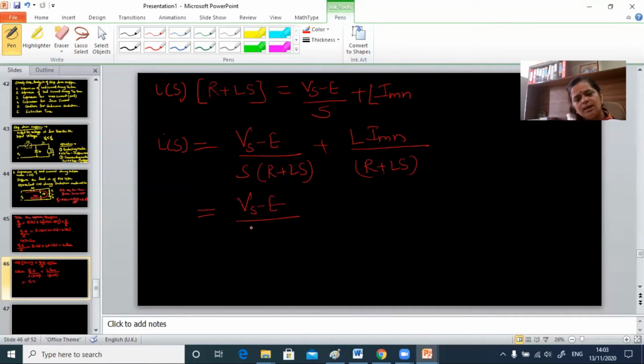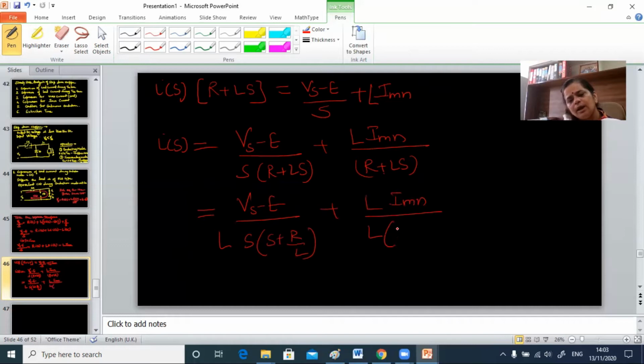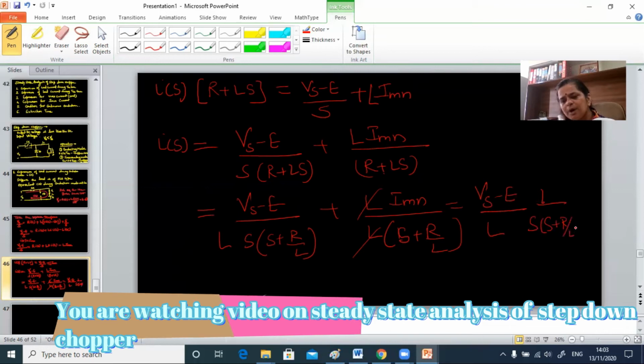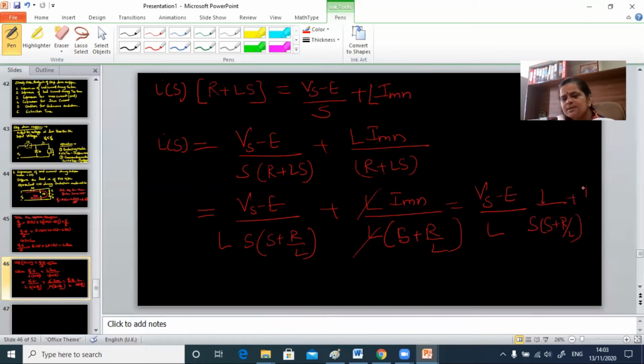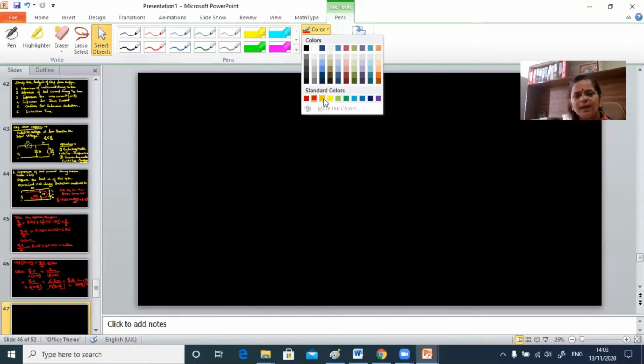Vs minus E by L, then 1 upon S plus R by L, and here also if I take L common, it will be S plus R by L. Now L cancels L. So finally I am going to get Vs minus E by L, then 1 upon S(S plus R by L), plus I minimum upon S plus R by L.